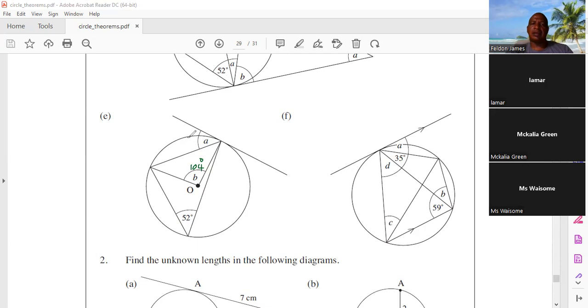Let me get 105 and 104. Because it is an alternate segment. You see, it is the same alternate segment, but they kind of turn the tangent.